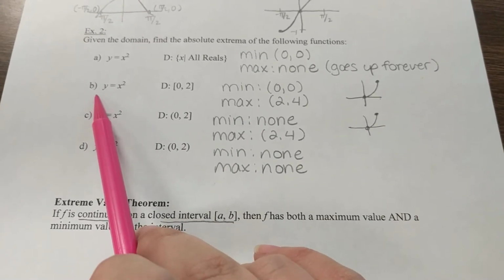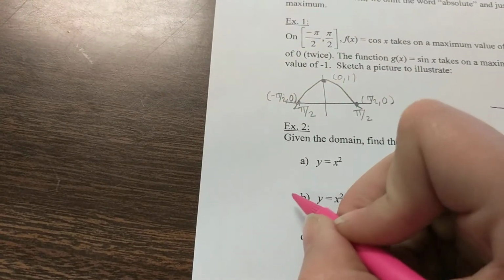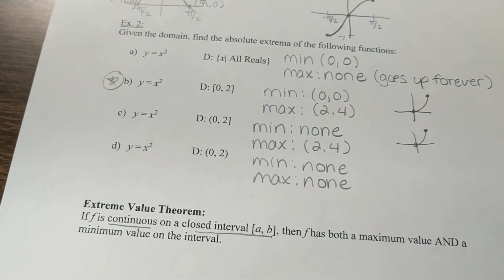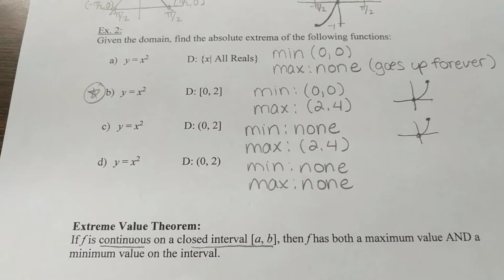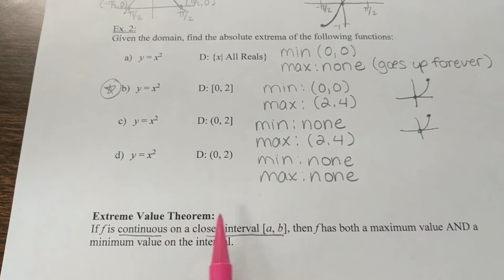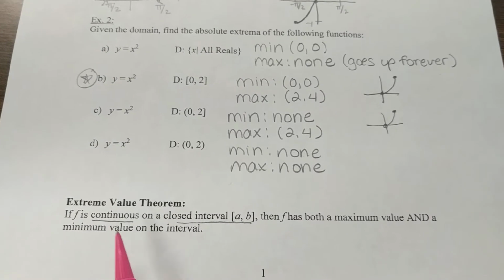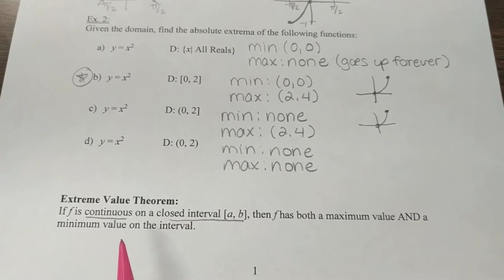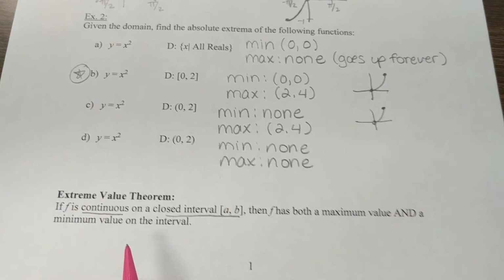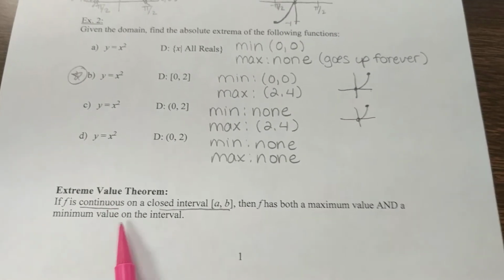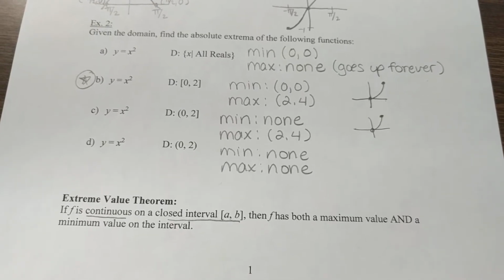And I'm going to just refer you back to letter B. In fact, I would put a star next to letter B. That's the only one we were guaranteed to have both a max and a min because it was continuous on a closed interval. This is one of those big theorems that shows up on the AP exam. This is one that you're going to have to cite. When they say justify your answer, extreme value theorem is one of them that you're going to have to remember.